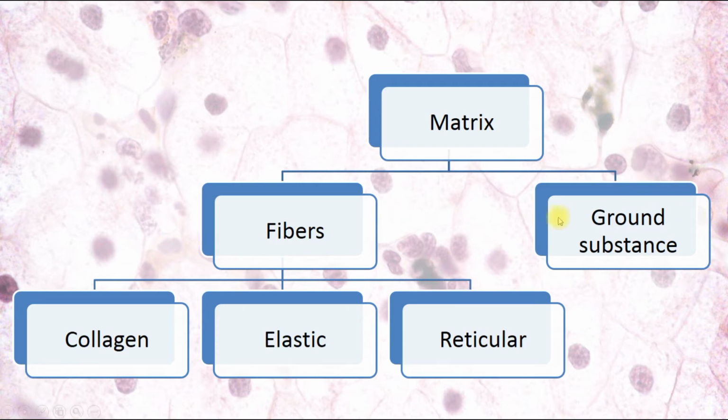There are ground substance and fibers which are collagen, elastic, and reticular. Cartilaginous tissue has collagen and elastic fibers, but bony tissue has only collagen fibers. So the matrix has fibers, collagen fibers, and ground substance which fills the spaces between collagen fibers and cells. These are the main components of the bony matrix.